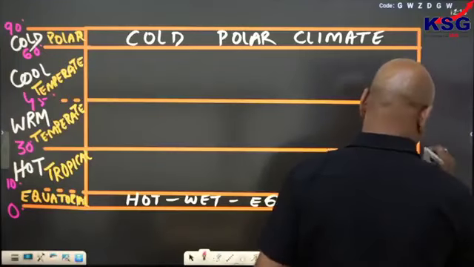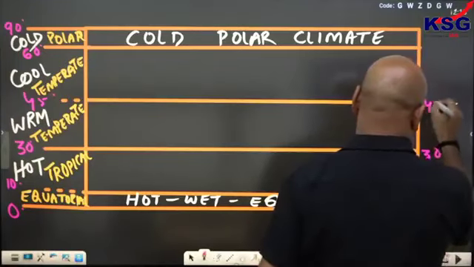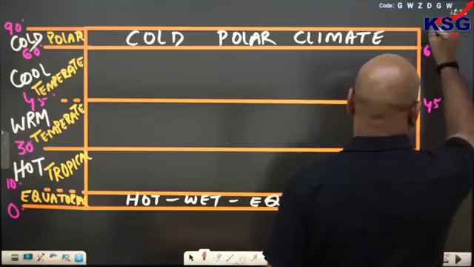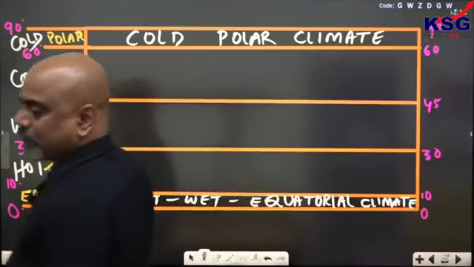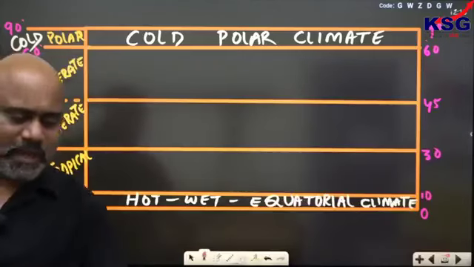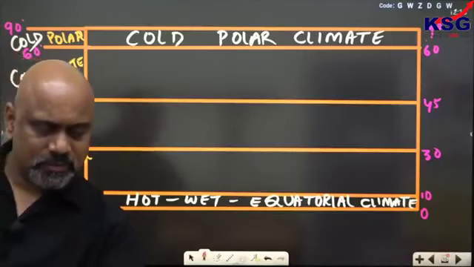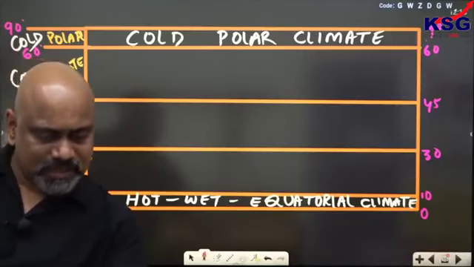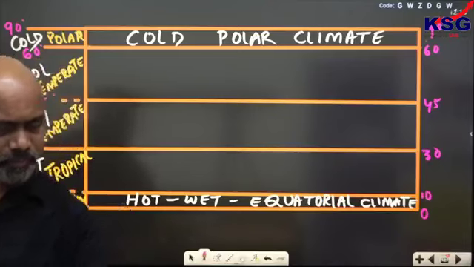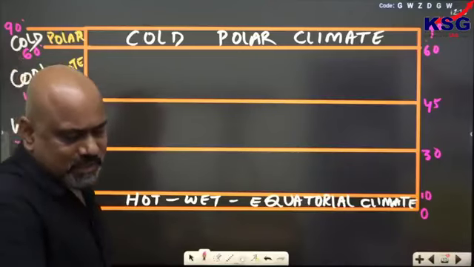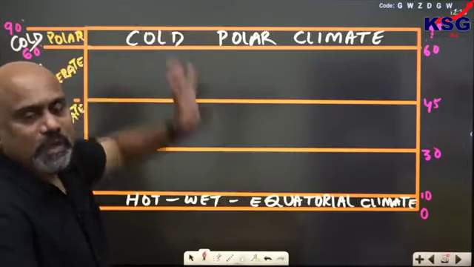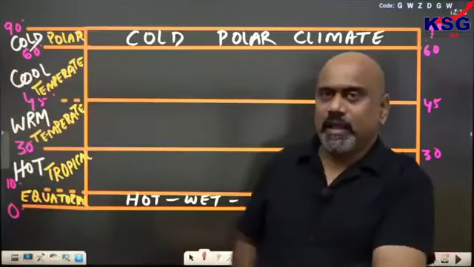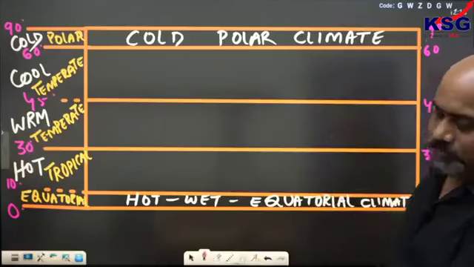Let us see, here is an idealized continent which is extending from the equator to the pole. Let us say, this is a continent here.